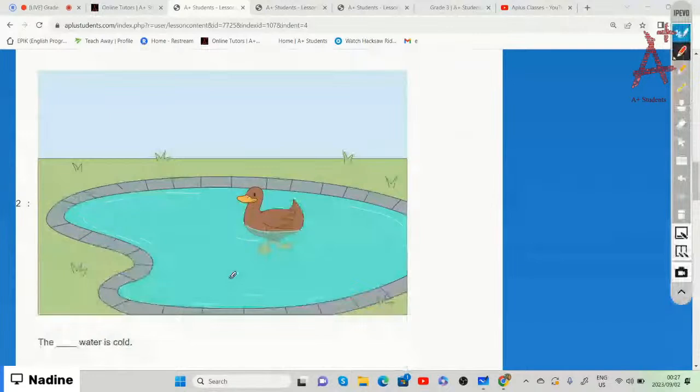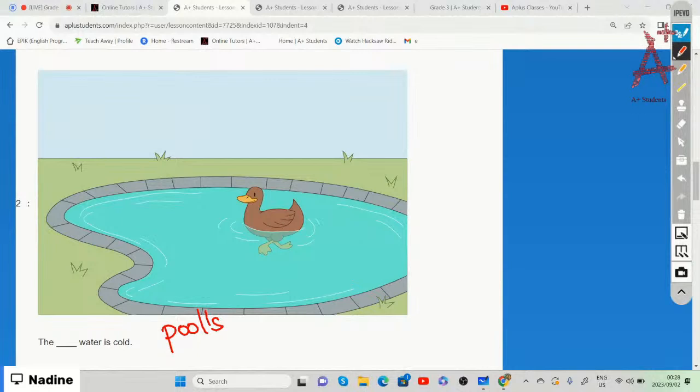All right, so now if we look at our pool and our duck, we can safely say the pool's water is cold.